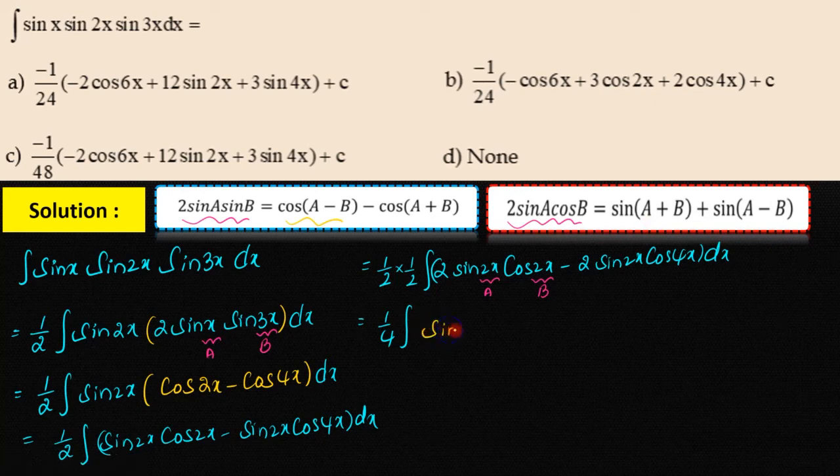sin of a plus b, that is 2x plus 2x, 4x, plus sin of a minus b, that is 2x minus 2x is 0, sin 0 is 0, minus of, here also is of the form 2 sin A cos B. So applying this formula here. Here A is equals to 2x, B is equals to 4x.